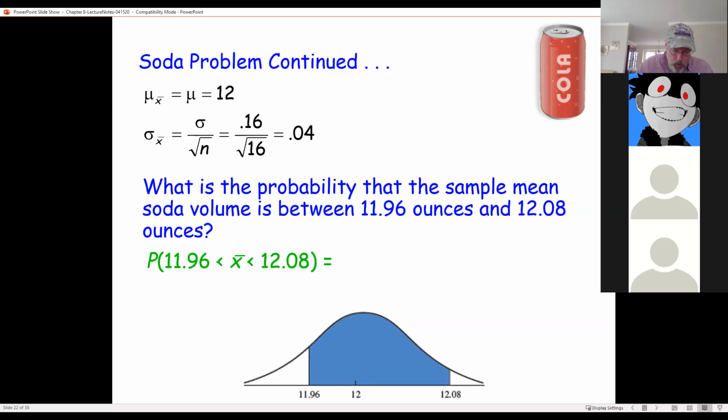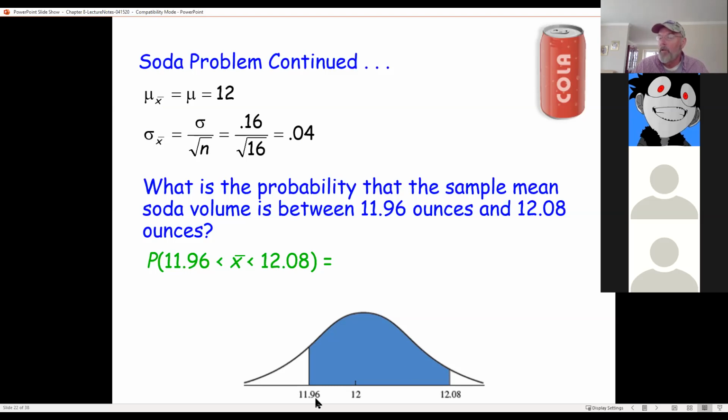Well, I did it this morning, and what I would do is get my calculator out, go to second vars, go down to normal CDF, and fill out the values that go along with this.